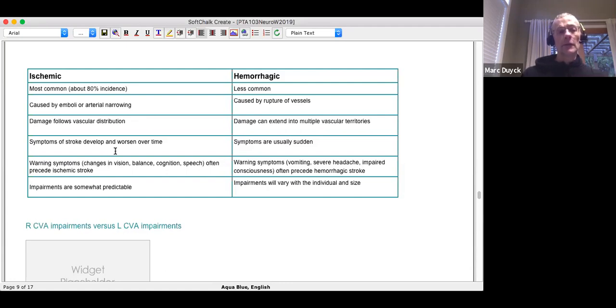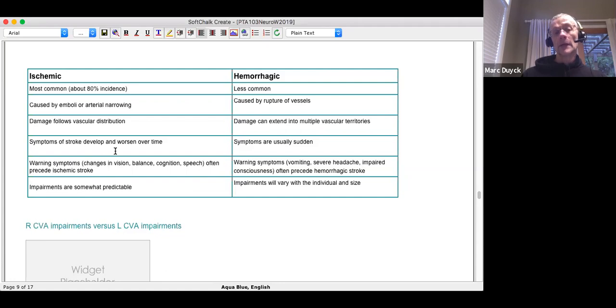And when there's some blockage, the symptoms of stroke develop and worsen over time. Okay, so think about vascular dementia, and that over time this is getting worse and worse and worse, right? Because these little mini strokes are happening.